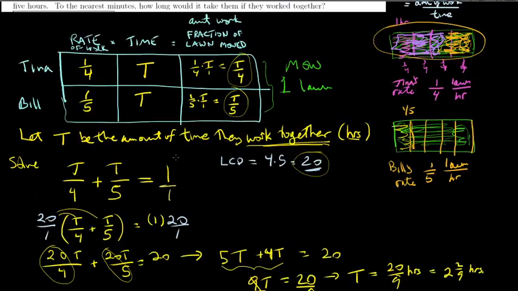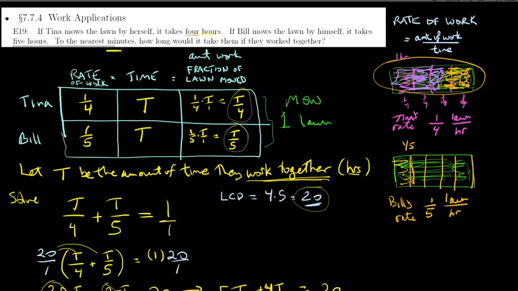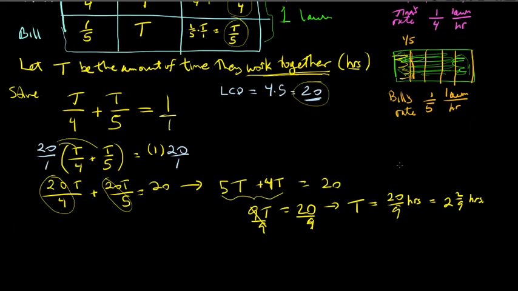But remember, I think they wanted this in minutes. So we have to do a little bit more math here. They don't accept hours; they want minutes. So if they're being that picky, we have to convert to minutes. Hopefully you remember that there are 60 minutes in 1 hour.